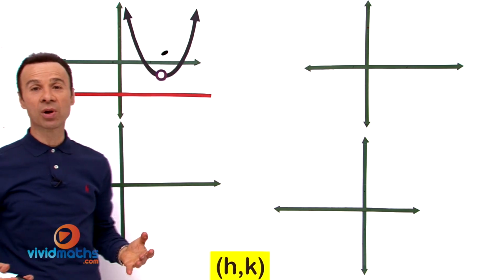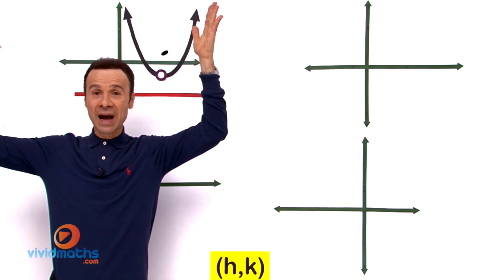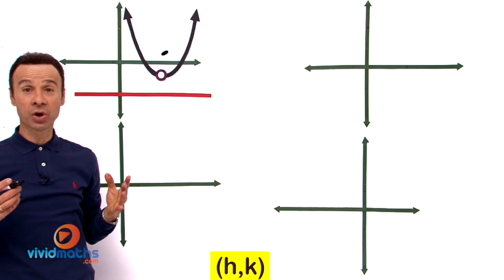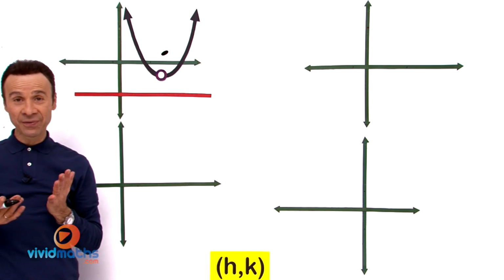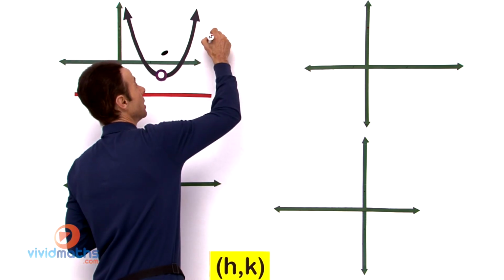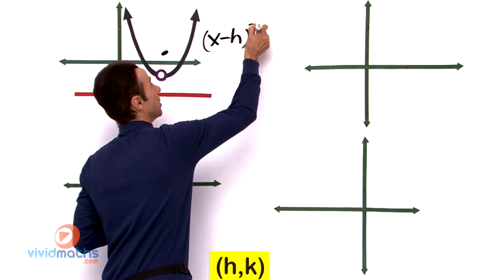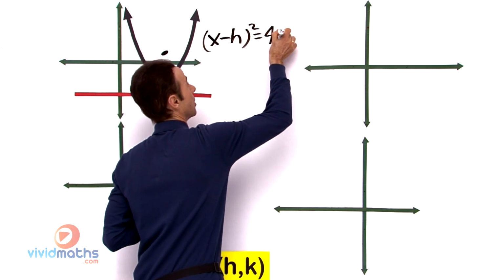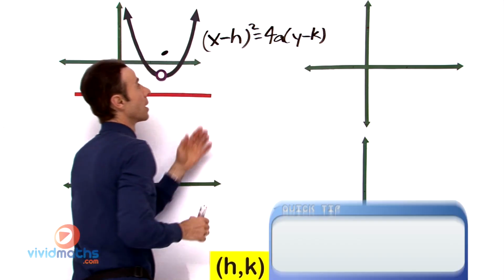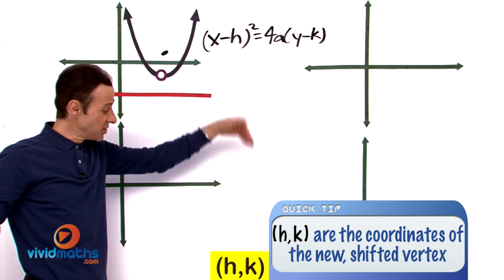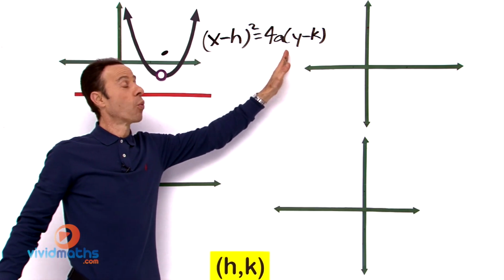So what's the equation? Well, we know the axis of symmetry is vertical. We know it's concave up, and it means that the formula looks something like this, where the x squared is on the left-hand side. So it's going to be (x minus h), where h is the x coordinate, all squared equals 4a (y minus k).